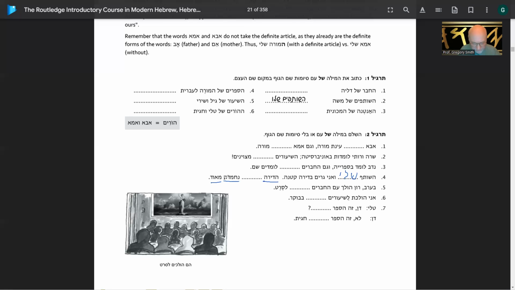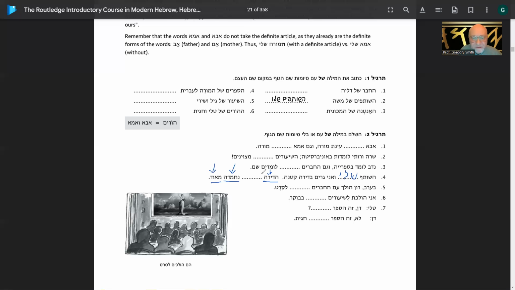First, we need to figure out what this one is. נחמדה. Nechamada. Okay, so this means nice. Me'od means like very. It's very nice. So Hadira is the apartment, and so it's like our apartment because it's the partner and I. So it's our apartment.